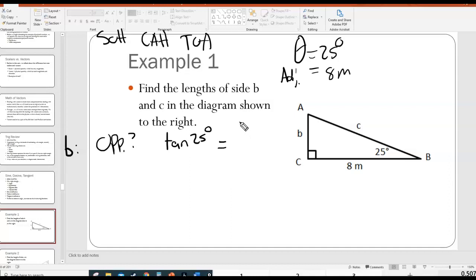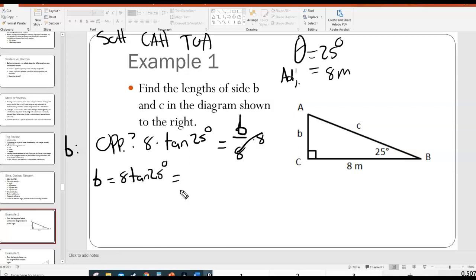So the opposite side is B, and the adjacent side is 8. If I want B by itself, then I need to multiply both sides by 8. And so I get B equals 8 times tan 25 degrees.